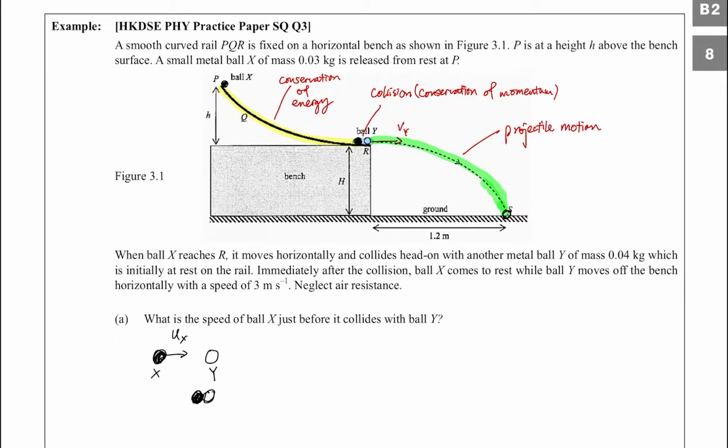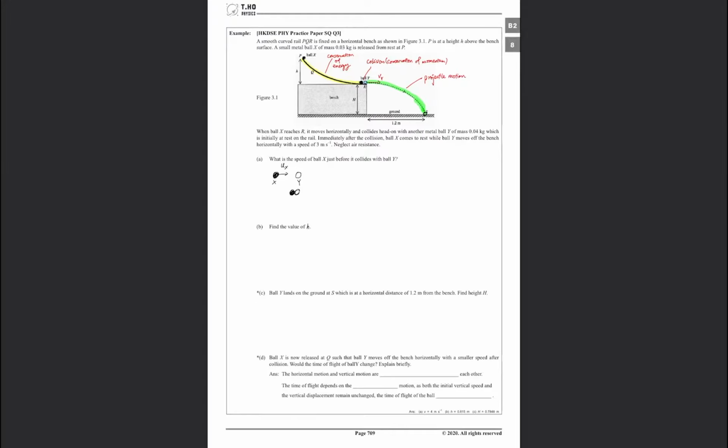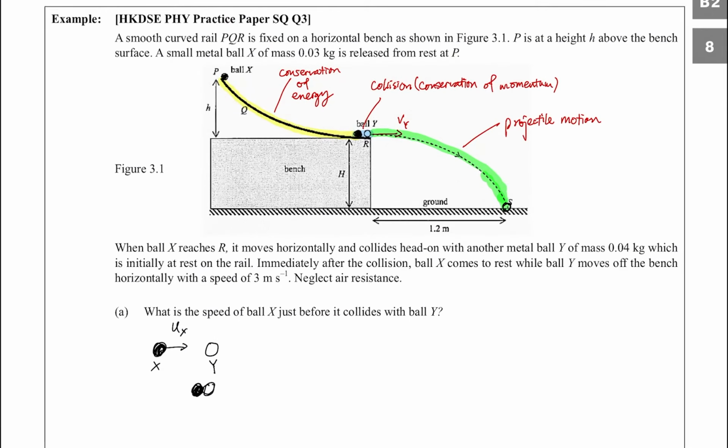After the collision, ball X remains at rest. Ball Y moves to the right-hand side with a speed of Vy. So basically this is what happens in the blue section, the collision.